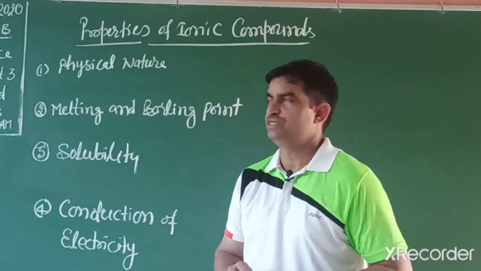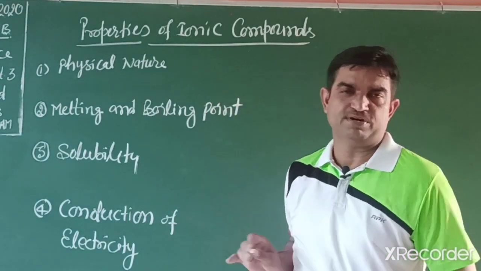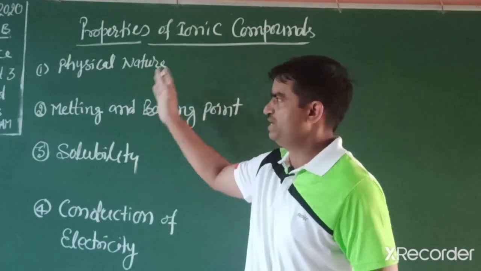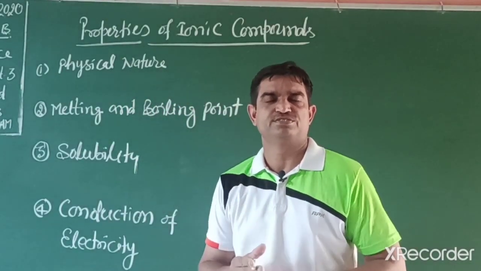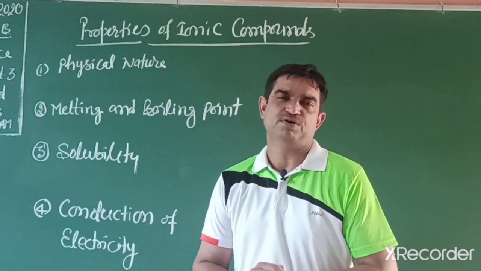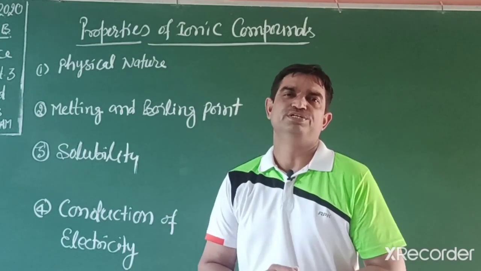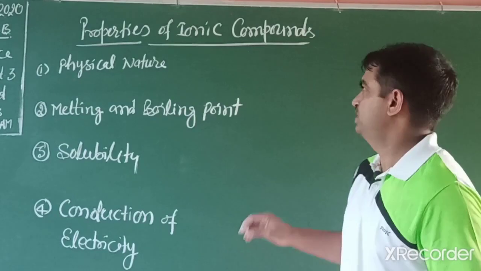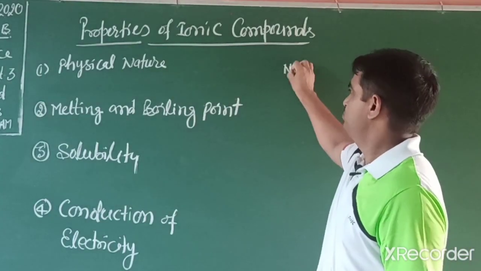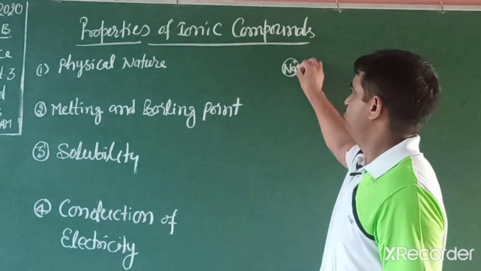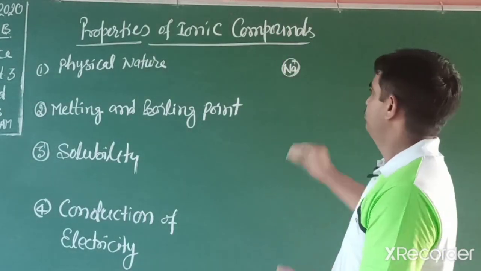Students, now we study the physical properties of ionic compounds. What types of physical properties? Physical means appearance. Generally, ionic compounds are present in solid state. We can explain like this, how they exist. Suppose one is a sodium ion, smaller, and the other is a chloride ion.